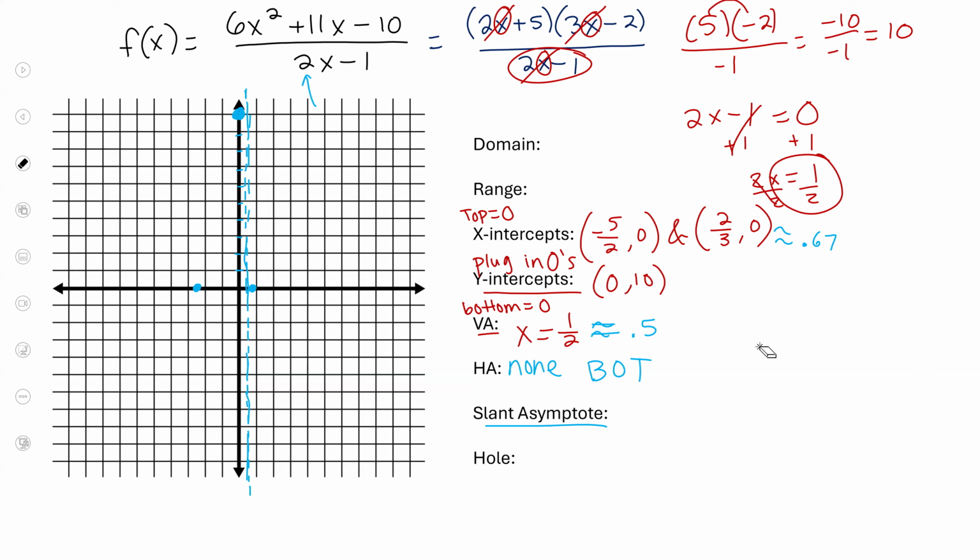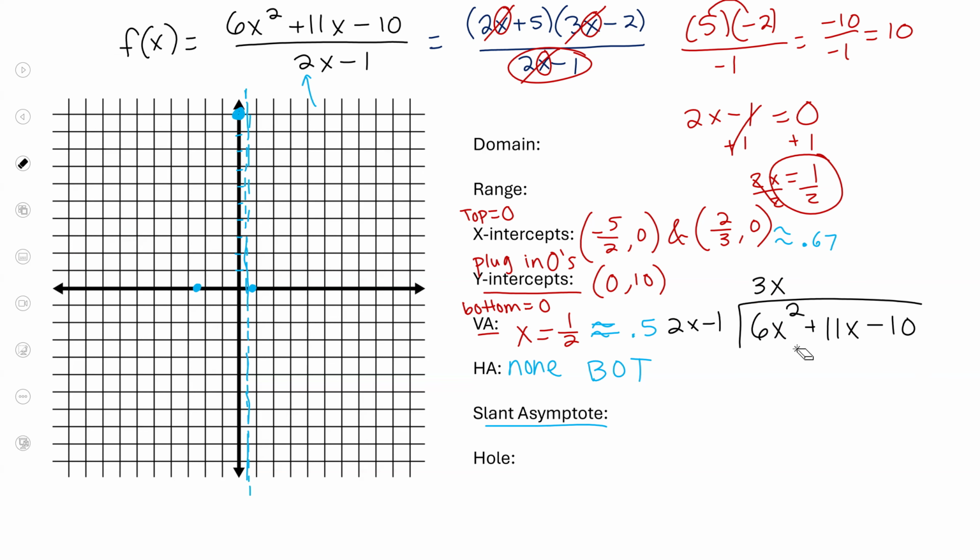Long division, I'm going to do 6x squared plus 11x minus 10 divided by 2x minus 1. 2 times what will give you 6? That's 3. X times what will give you x squared? Another x.